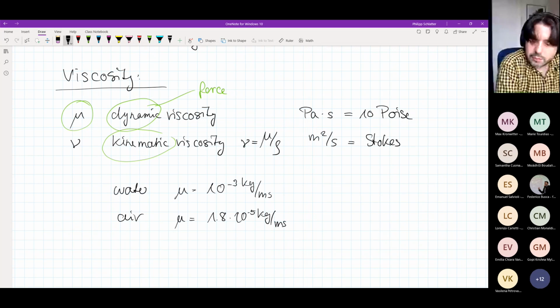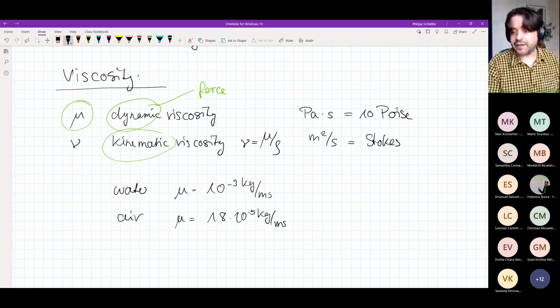And of course, these numbers make sense. I guess all of you would have said that the viscosity of air is much lower than for water. It's much easier to swim in water, or to accelerate in water, than it is in air. So I guess this makes sense.